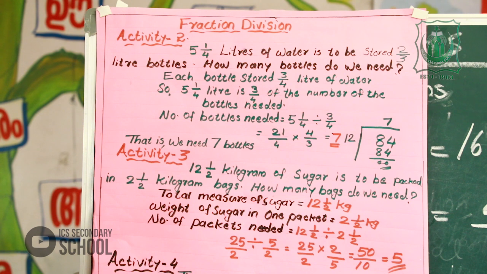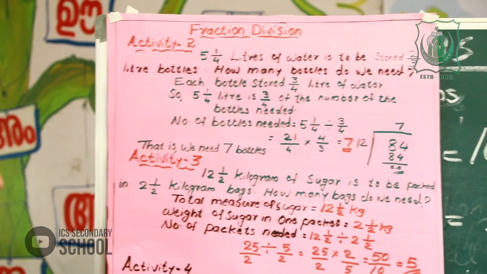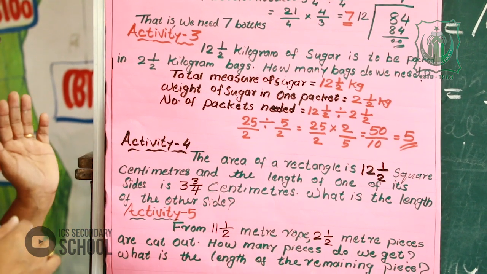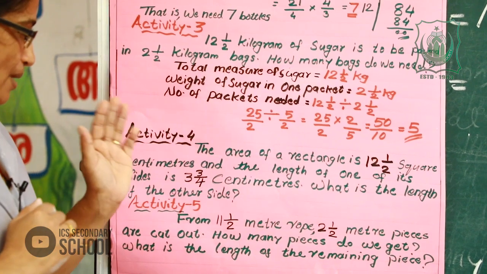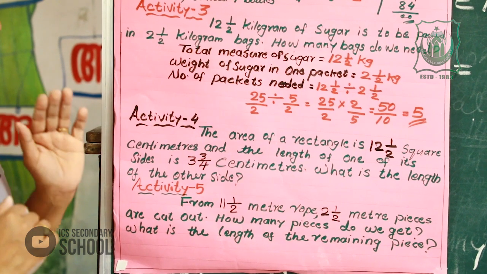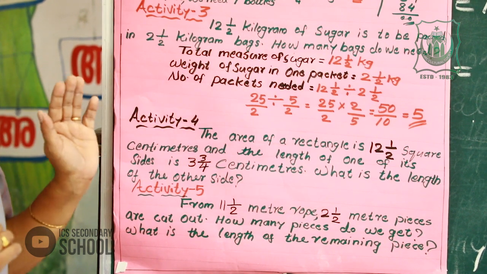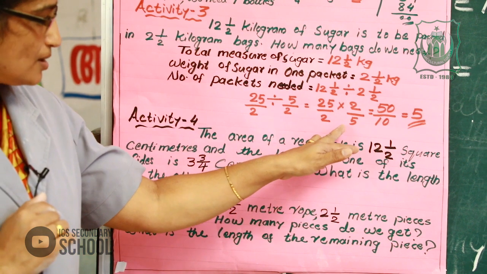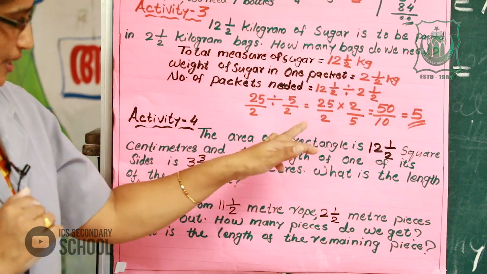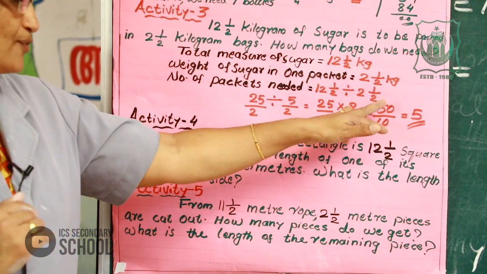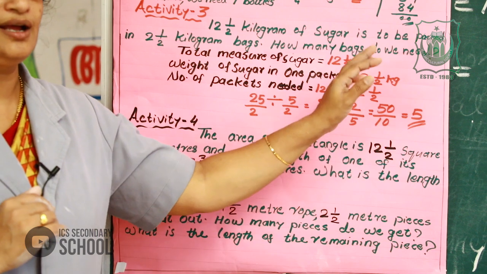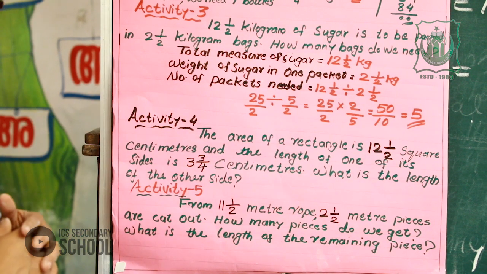Number of packets needed: 25 by 2 divided by 5 by 2. 25 into 2 is 50, 2 into 5 is 10. 50 divided by 10 is 5.